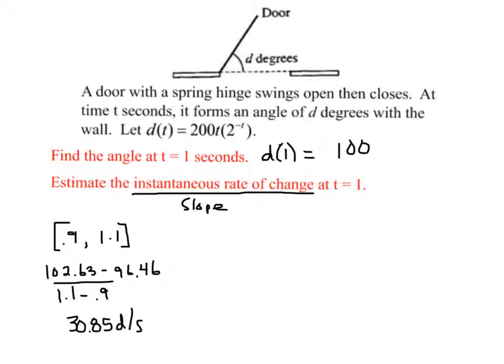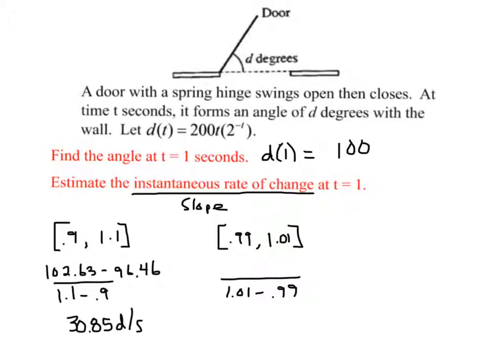Now, again, the beauty of this is I have the power to pick different points, different intervals. So instead of 0.9 to 1.1, I'm going to do 0.99 to 1.01. I'm going to make that my interval. Okay, so my denominator will be this. My numerator I can get again by plugging into the calculator.